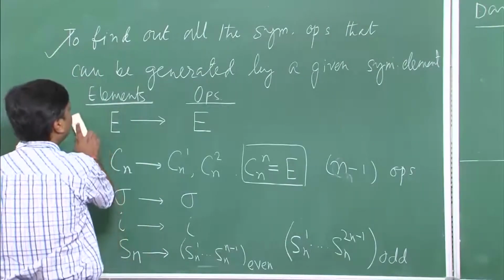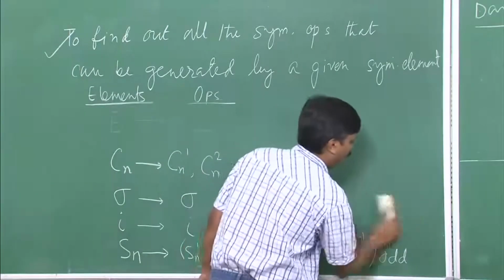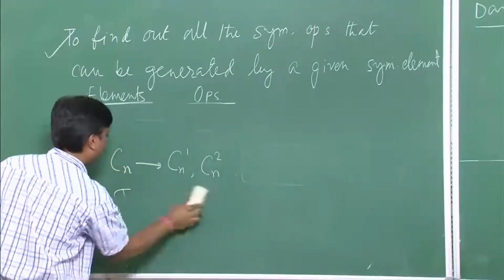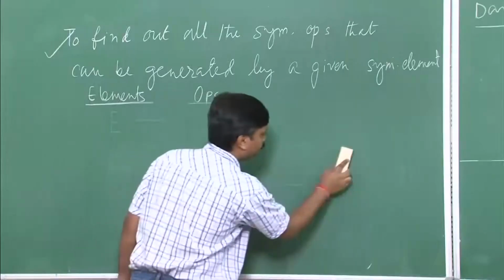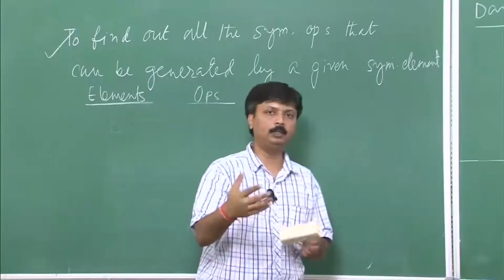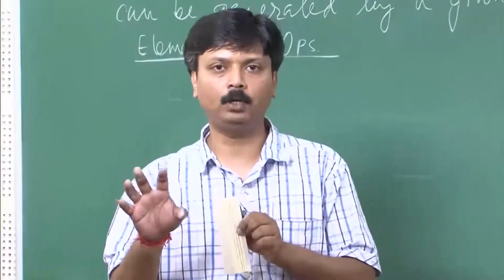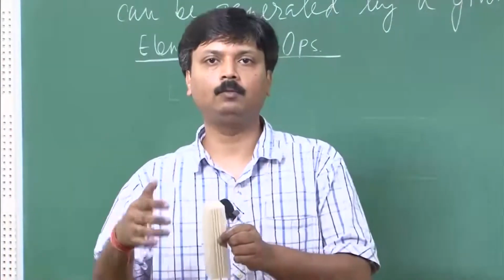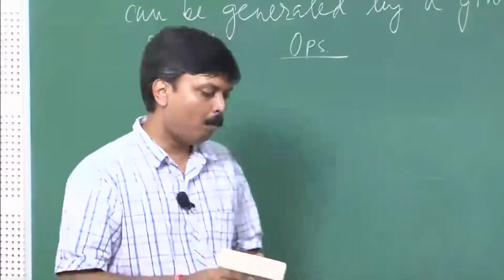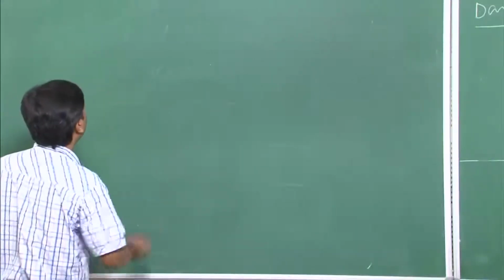Now the next thing we should learn is how to combine symmetry operations. In other words, I generated different symmetry operations by successively applying symmetry operations on a particular molecule, Cn, one more Cn, one more Cn in that way, or Sn, one more Sn in that way.